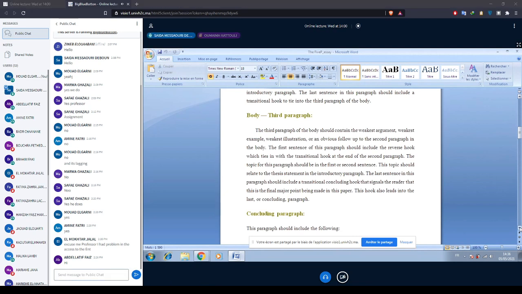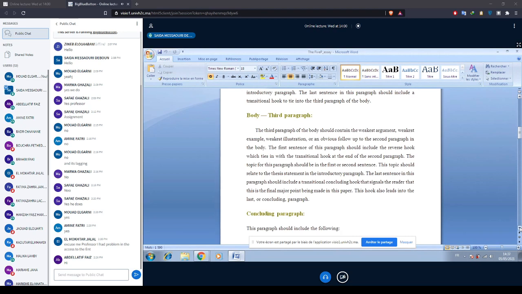This topic should relate, again, remember, to the thesis statement in the introductory paragraph, where we have the three keywords. One of the keywords, you're going to use in this topic sentence. Now, you may use the same word again, no problem, but of course inside a good, well-structured sentence.